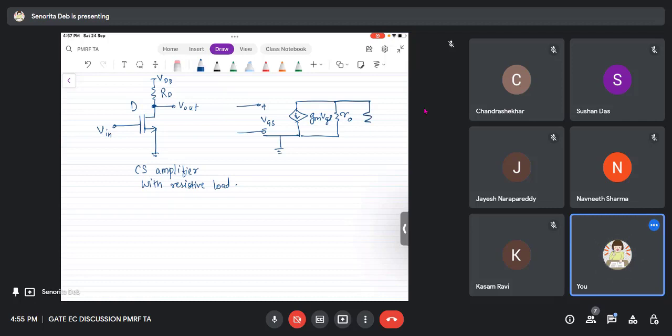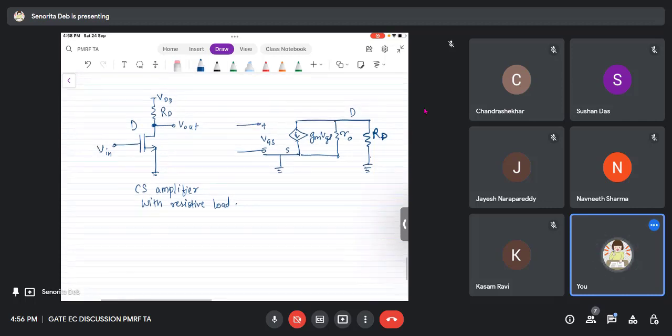Okay, so now this will be ground and the RD is between the drain and ground. So this does not mean that the RD is between drain and source. This means the RD is actually between, so let me draw it like this, otherwise you guys will get confused. So RD is like this, from drain to ground.